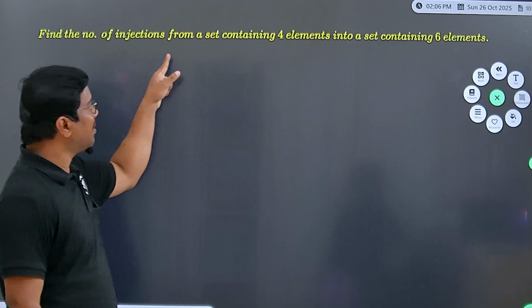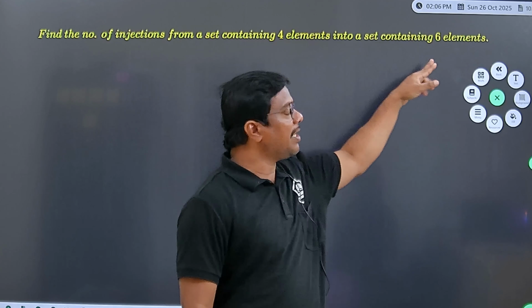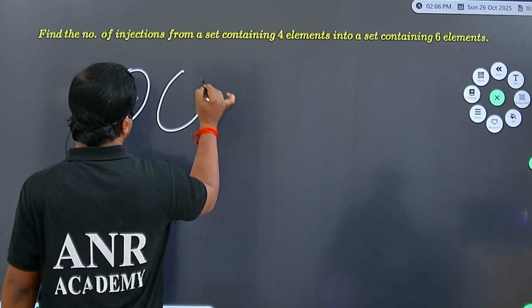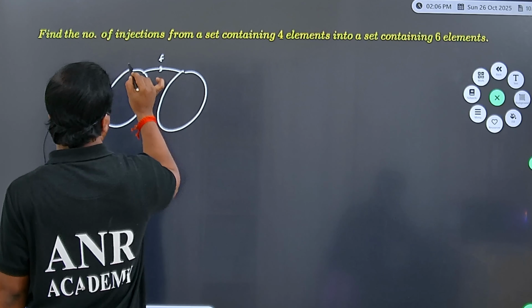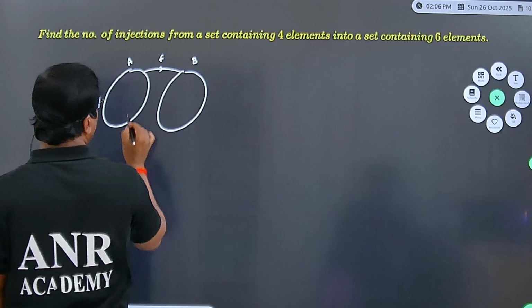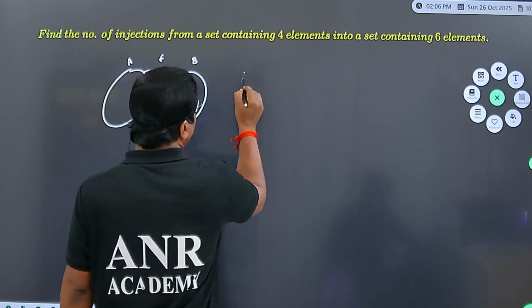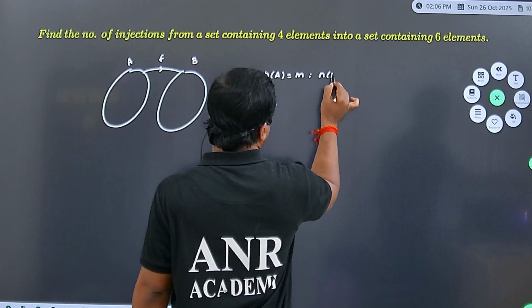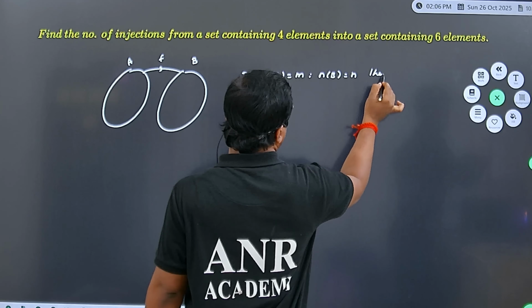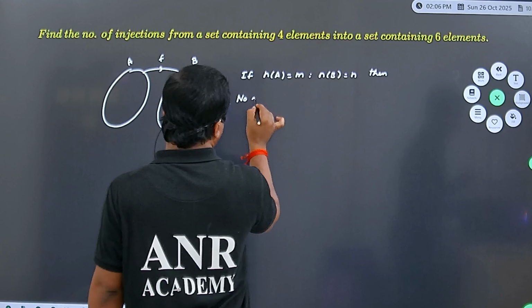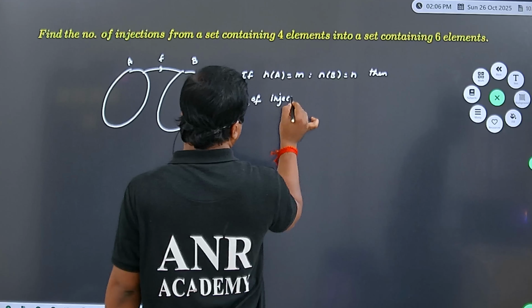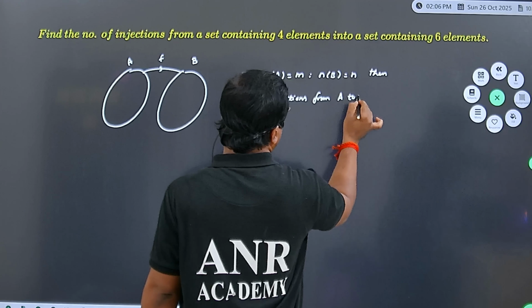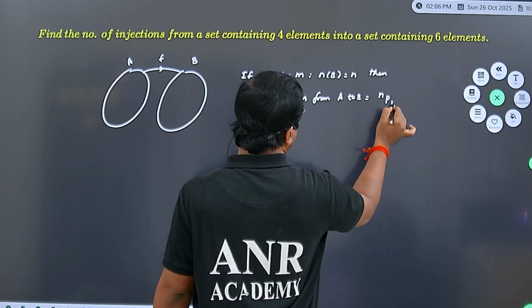Find the number of injections from a set containing 4 elements into a set containing 6 elements. Suppose there is a function, a mapping from A to B, and assume that the number of elements in A is m and the number of elements in B is n. Then the number of injections from A to B is given by nPm.